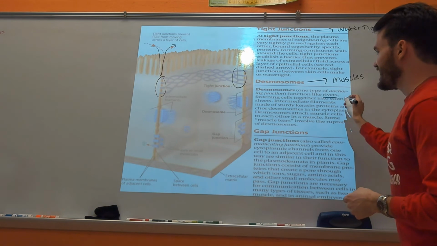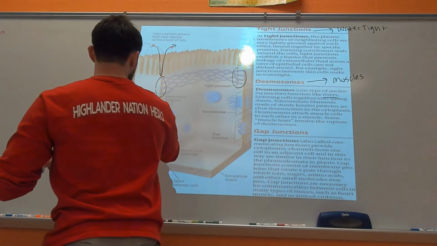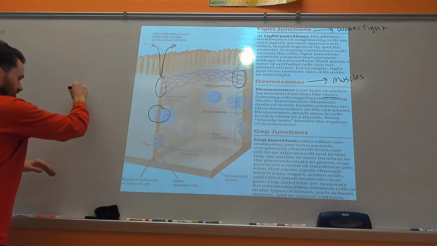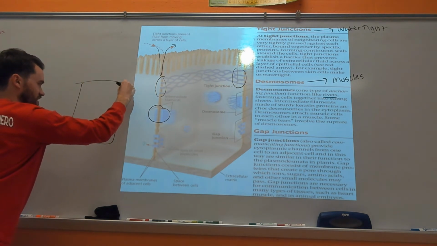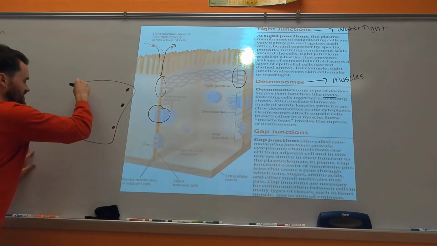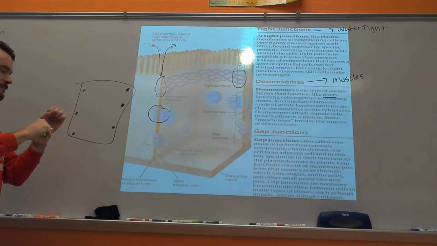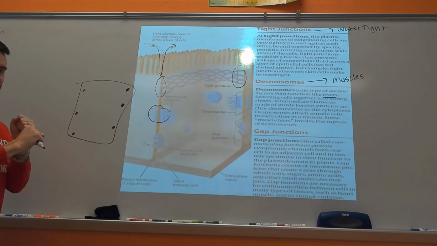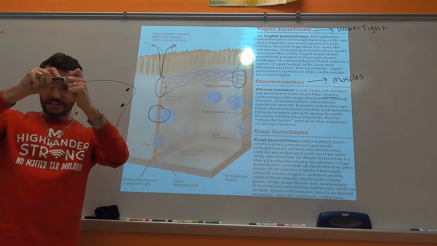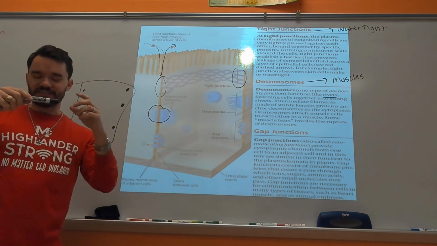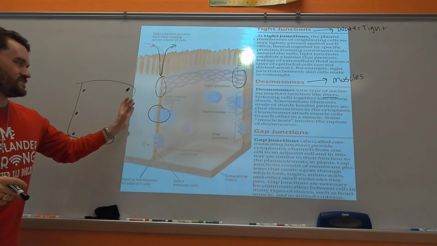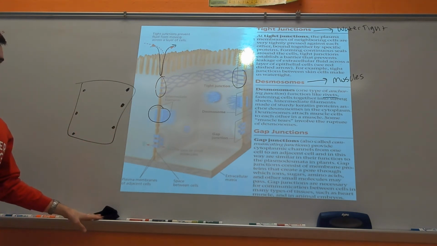A rivet is like if you were to see a steel door and you see these things on it. Basically it's a bolt type thing that can connect 2 things together, like a rivet holding the cap and the actual marker together. If you've never heard that word before, you could Google image search it and see what I'm talking about.